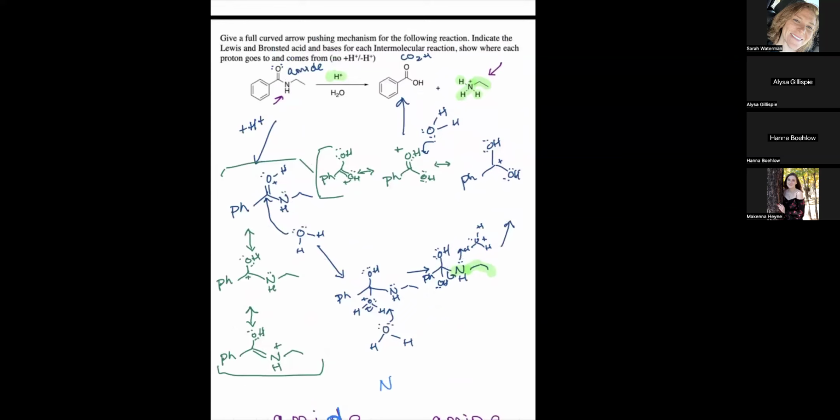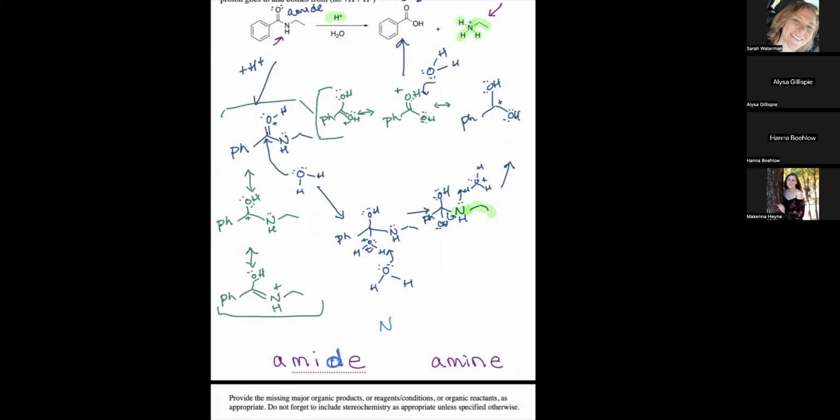The best way I have been able to remember the difference between an amine and an amide is by how it's spelled. So to me, this D here reminds me that there is an O connected. There's an oxygen. See how we have this in this example?